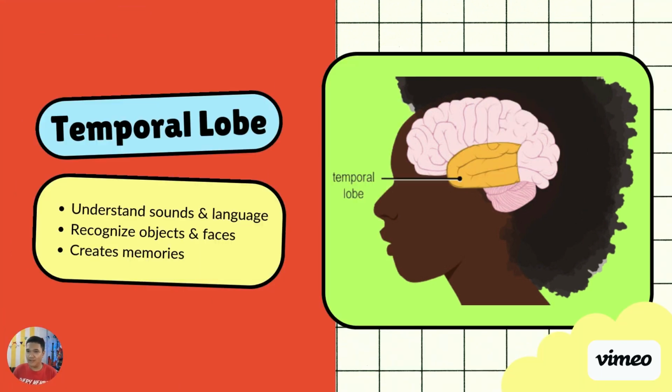The temporal lobe, located on the bottom section of the brain next to the temples and ears, helps us understand sounds and language, allows us to recognize objects and faces, and helps us create memories.